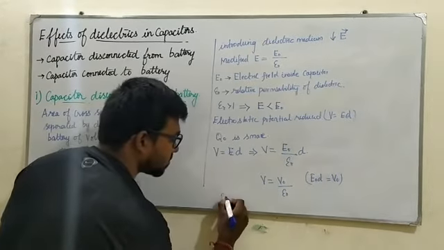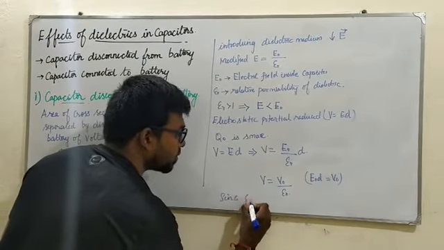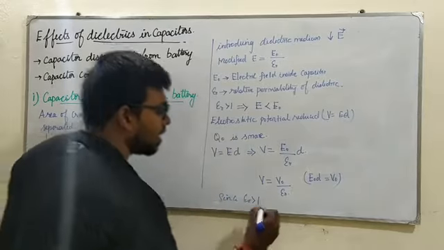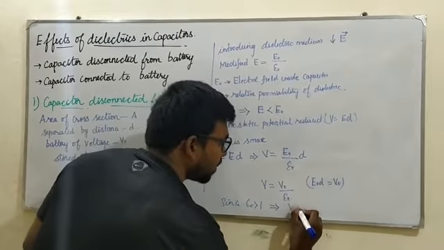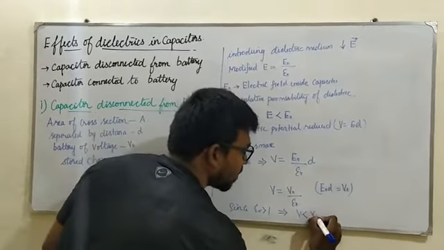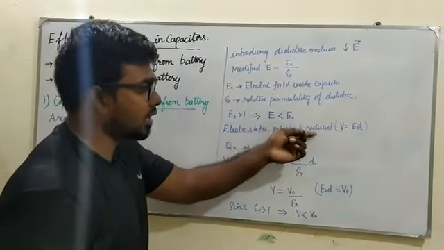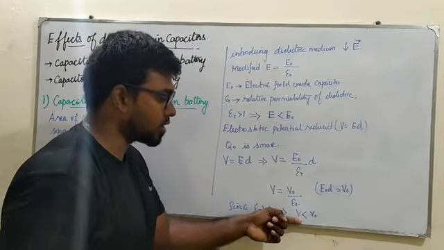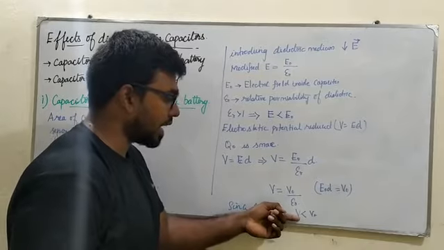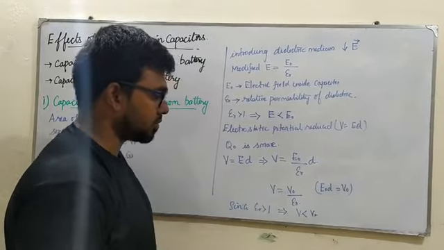Since epsilon r is greater than 1, V is less than V naught, which indicates that the electrostatic potential is reduced after the introduction of the dielectric medium.